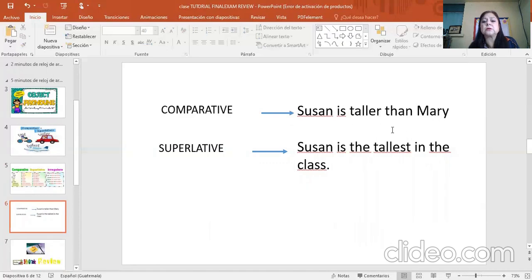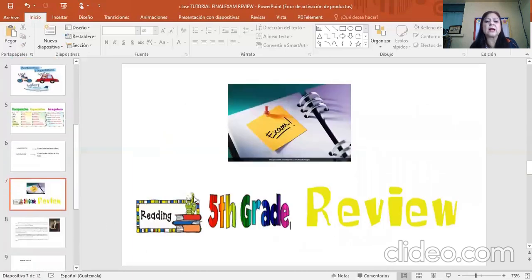So in the comparative we have two girls, Susan and Mary. Susan is taller than Mary. The superlative: Susan is the tallest in the class. So this is another example that we can review about this grammar topic. Very good.